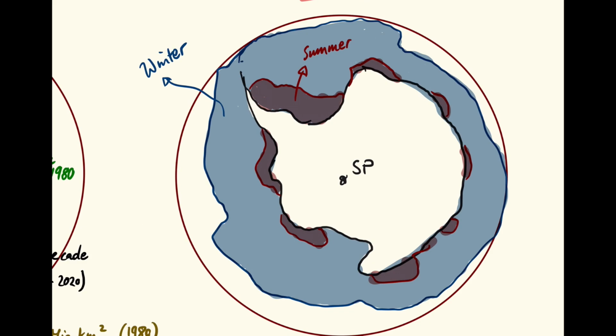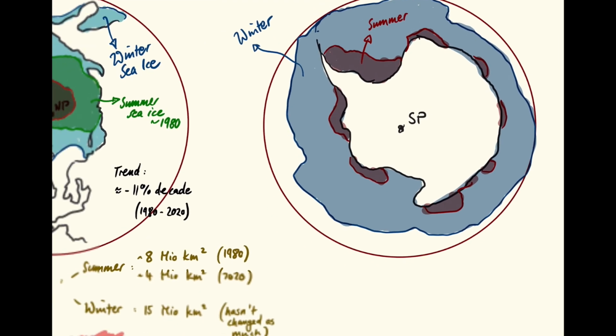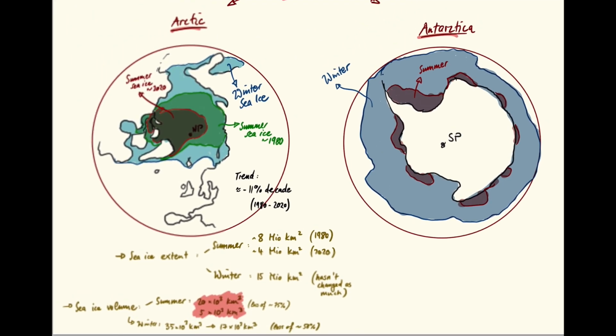And interestingly, even though the global temperature has been warming and also the Antarctic temperatures have been warming, the winter and summer sea ice covers in the Antarctic have not seen the same drastic changes that we've seen in the Arctic.